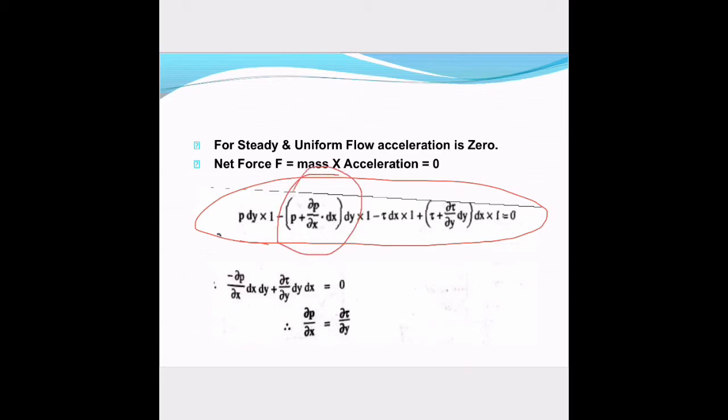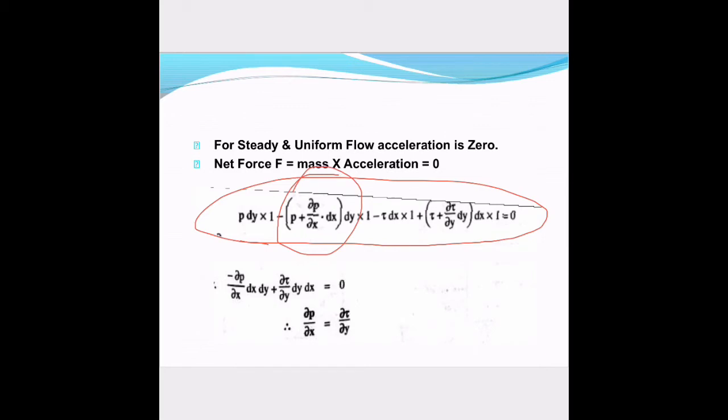Here two negative forces are there. One is the pressure force which is acting on the wall AD and DC, and another is shear stress which is acting on the wall BC.